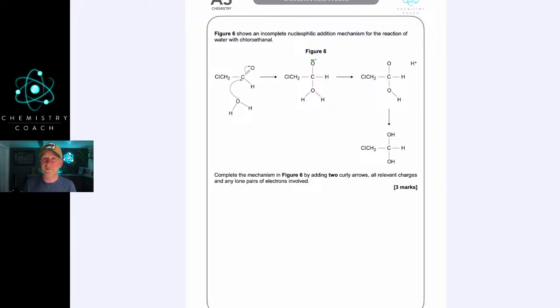But year 12s, like I said before, understanding your mechanisms and why and how they work is hugely important if you're going to smash your A-level exams. And at the very least, it's going to help you if you come unstuck when drawing a mechanism in an exam and you're thinking, oh, which way does that curly arrow go? I can't remember. So mechanisms: understand them, don't just learn them parrot fashion.